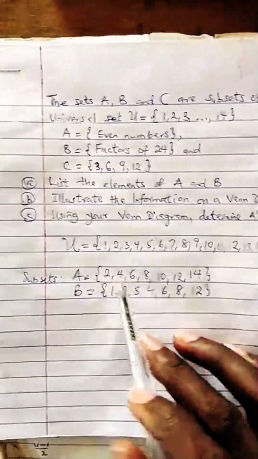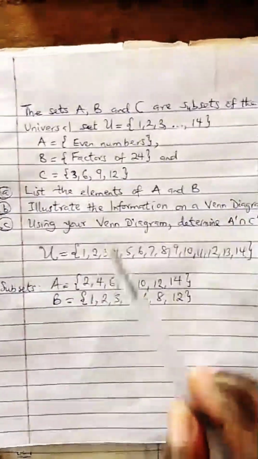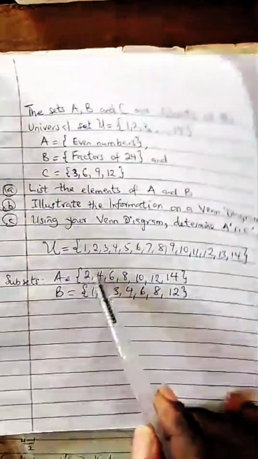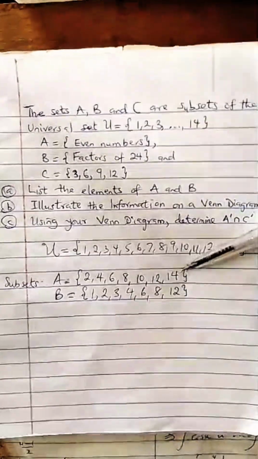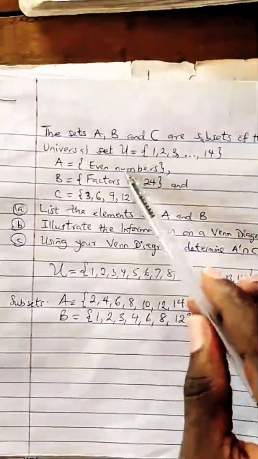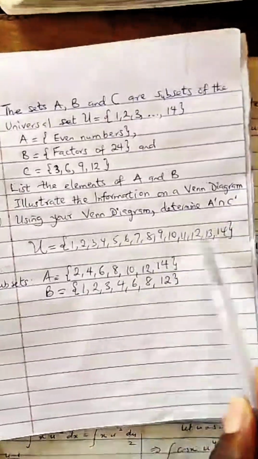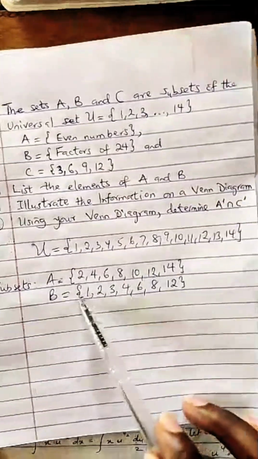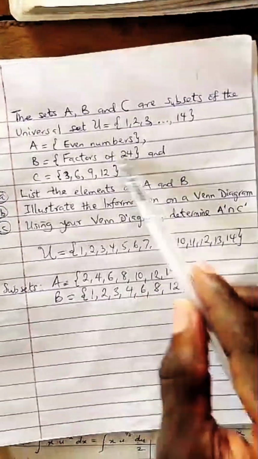So those are the subsets: even numbers out of the universal set, which is 1 to 14, are 2, 4, 6, 8, 10, 12, 14. The factors of 24 from the universal set are 1, 2, 3, 4, 6, 8, 12, the numbers that can divide into 24.